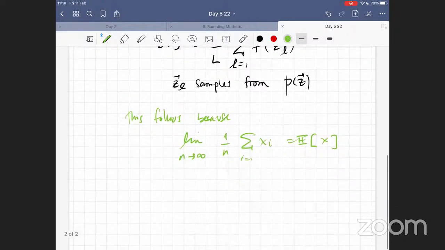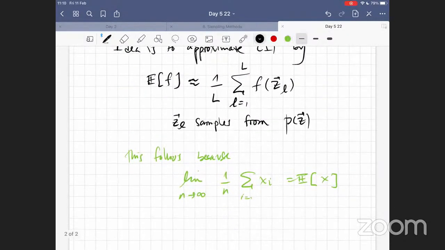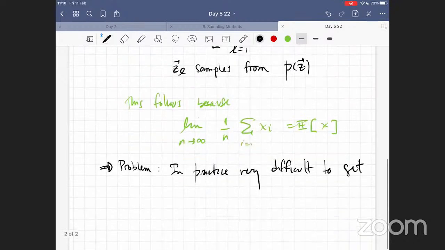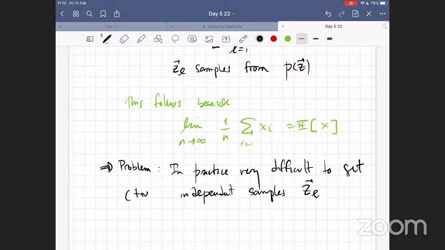What is the problem with all this? This seems like a very simple procedure. The problem is that in practice, it's very difficult to get independent samples, or let me put it, truly independent samples.